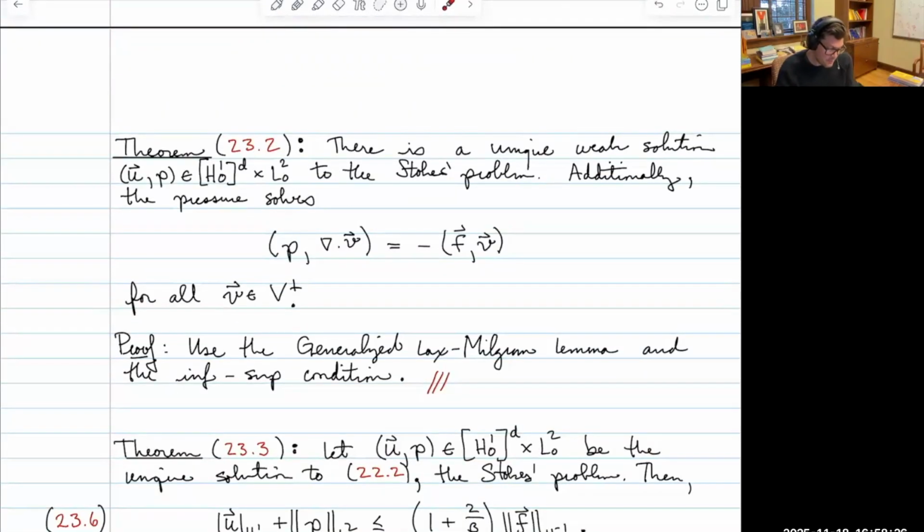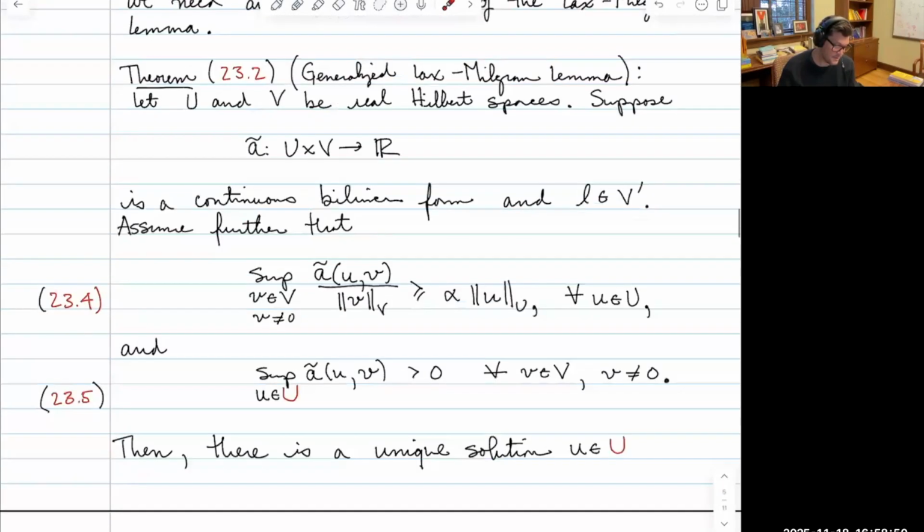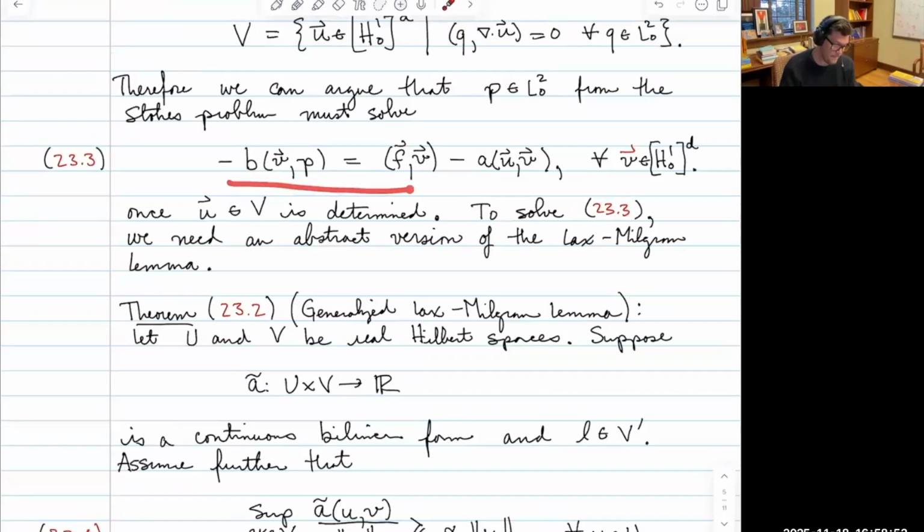Theorem 23.2: there is a unique weak solution to the Stokes problem, and additionally, the pressure solves an equation which looks like this for all v in V perp. Well, the reason, the proof is essentially, we know that the solution u exists in V, and then we can reformulate the pressure equation as done here.